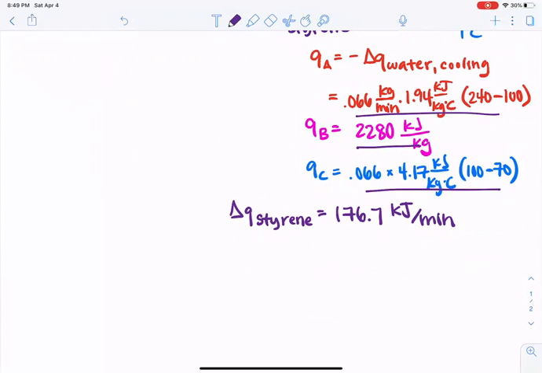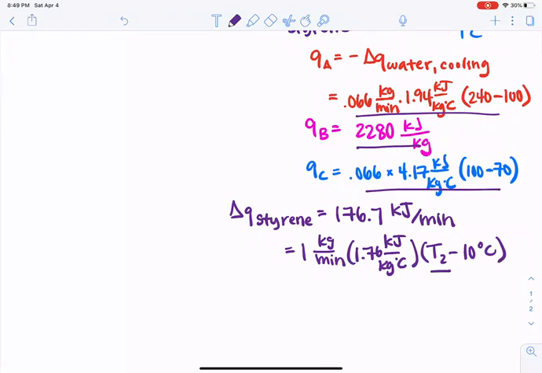Well, it's m Cp delta T of styrene. So our flow rate of styrene is 1 kilogram per minute. Our heat capacity of styrene is 1.76 kilojoules per kilogram degrees C. And then our delta T is T2 minus 10 degrees C. And then we can solve for T2, that's our only unknown here. T2 is our outlet temperature. That equals 110 degrees C.